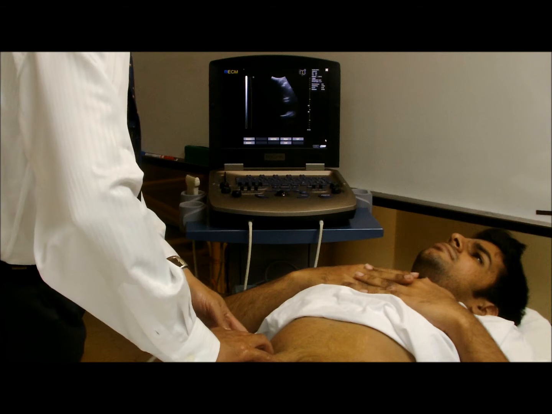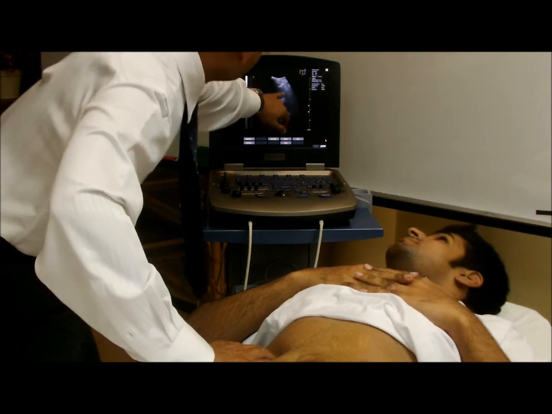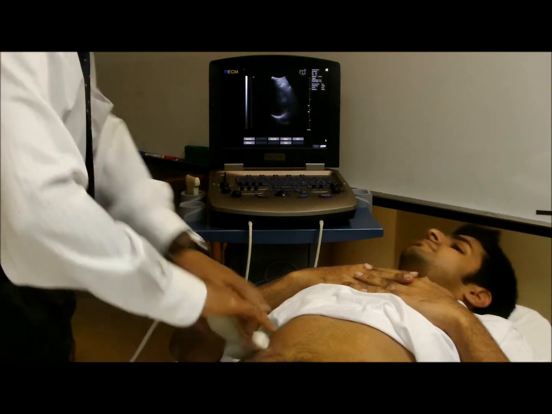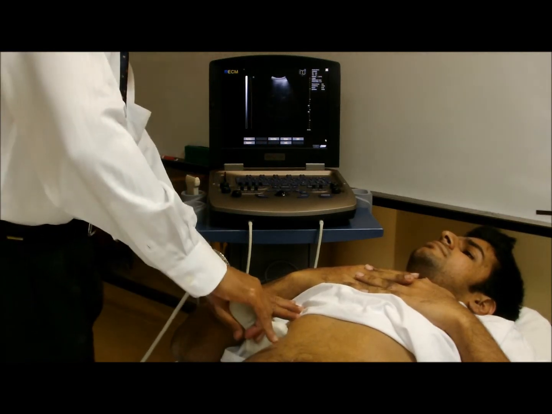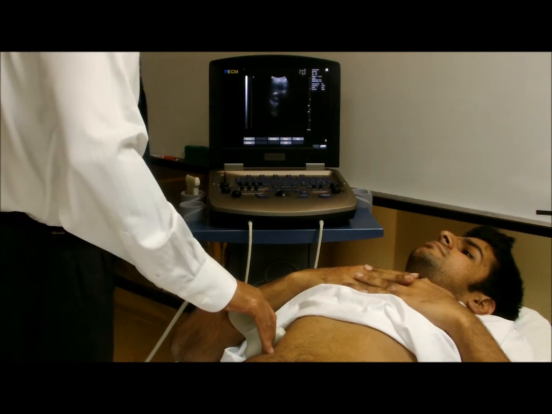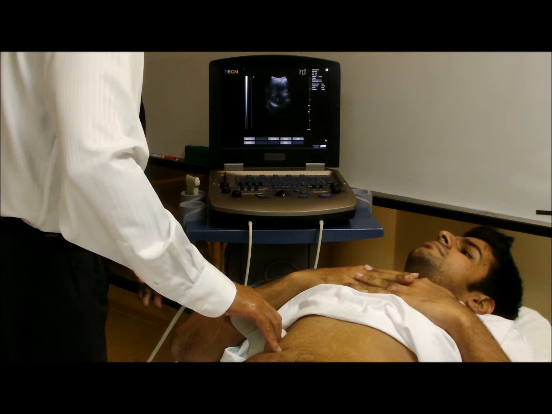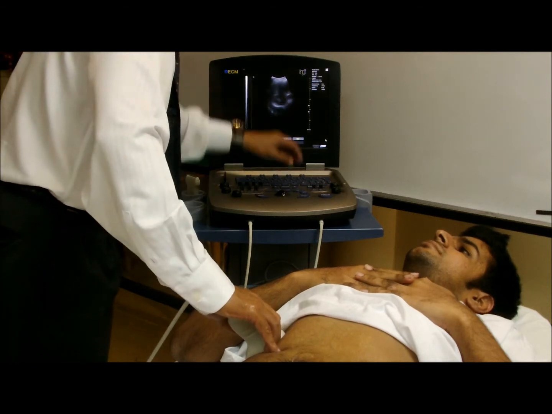We just move up. Actually, I can see part of it there at the gallbladder. Sometimes you can move one up through the ribs, and you can also make out the gallbladder. It's there.